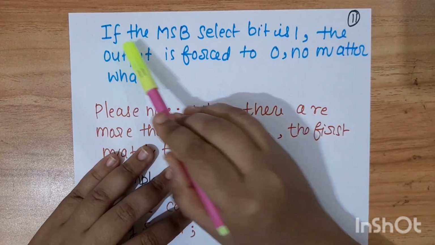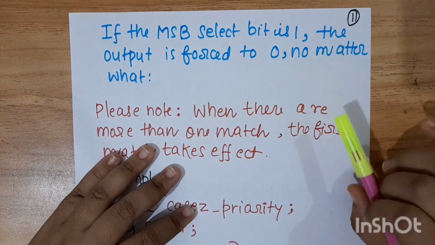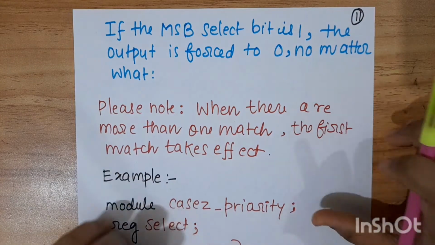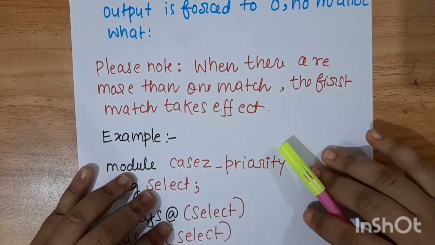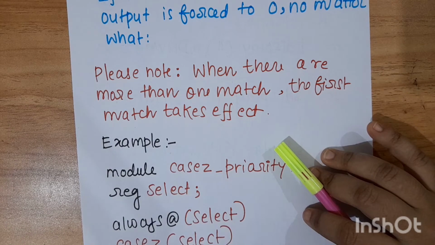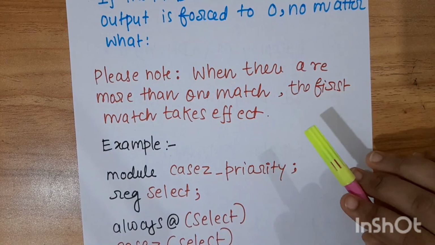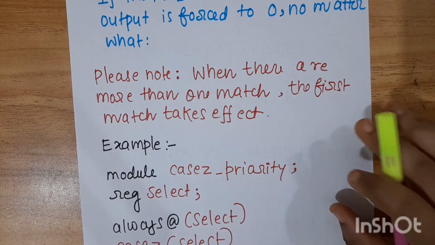Please note, if the MSB select bit is 1, the output is forced to 0 no matter what. Another thing we have to note is that when there is more than one match in a casez statement, the first match takes effect.